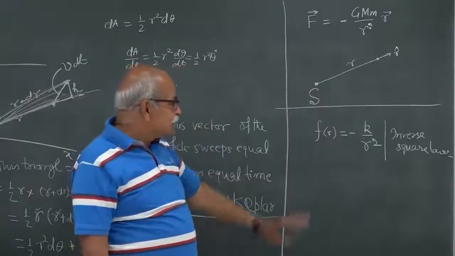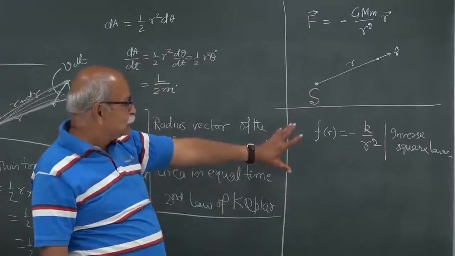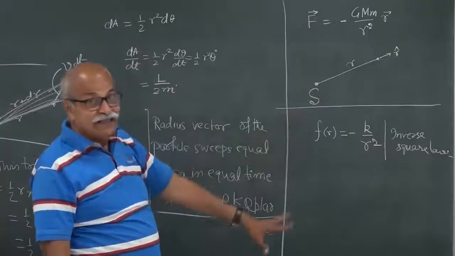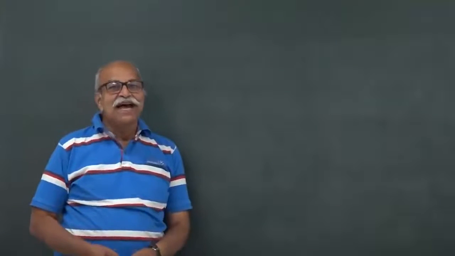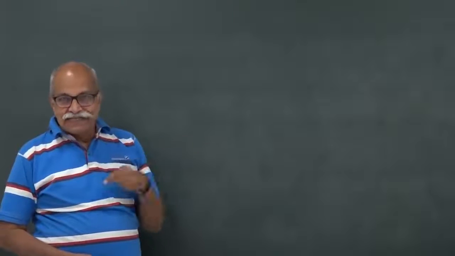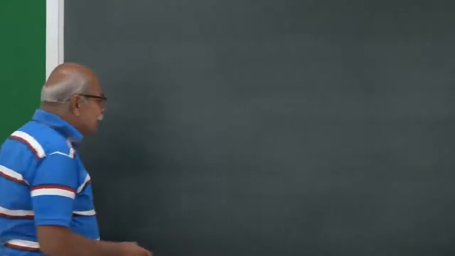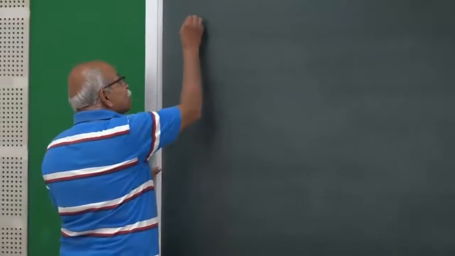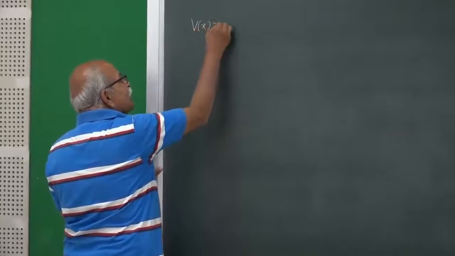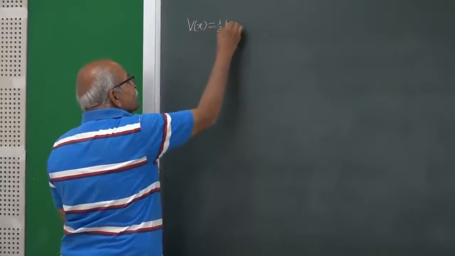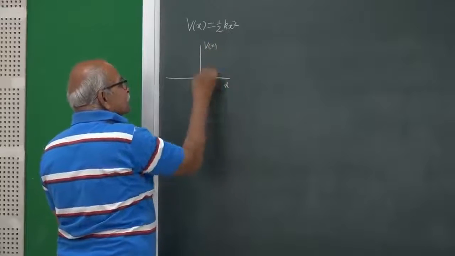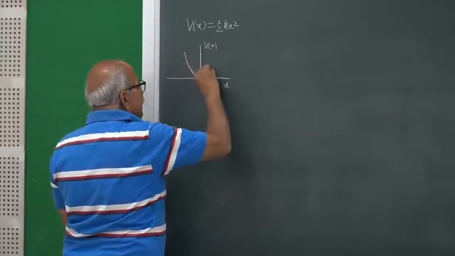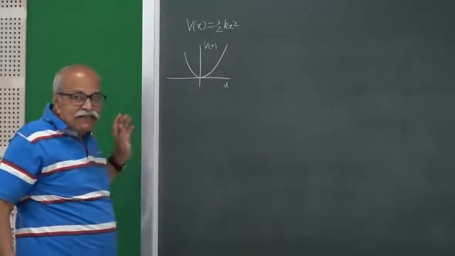Now, if this is the case, we can do something more using energy diagrams. Okay, so let me do that. I talked about energy diagrams when I was talking of a particle moving in one straight line. I took the example of spring force, V of x equal to half k x square, and if I plot this V of x as a function of x, it is a parabola, and from the shape itself I can tell many things.